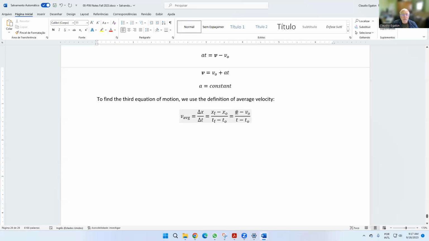And then we simplify our notation again. So here we go, x naught. And we do the next step, make t naught equal to 0. We are almost there.